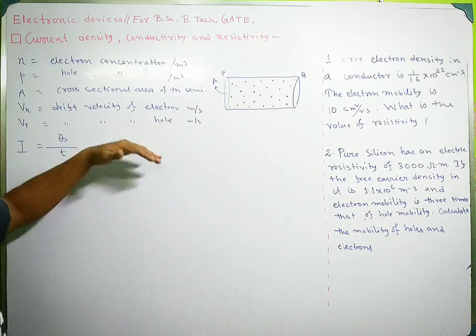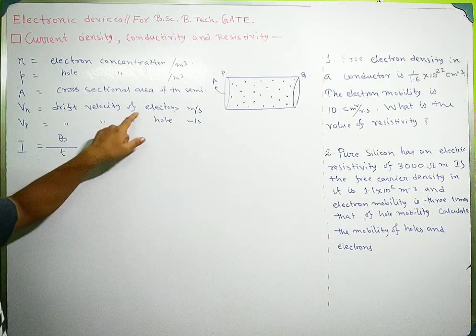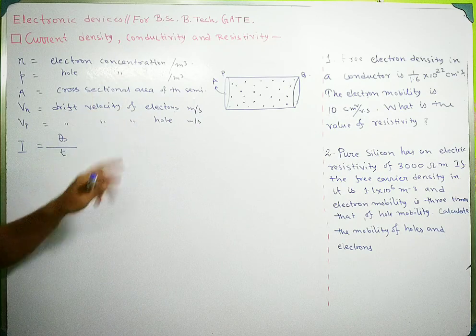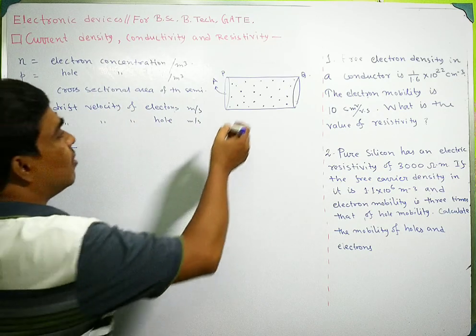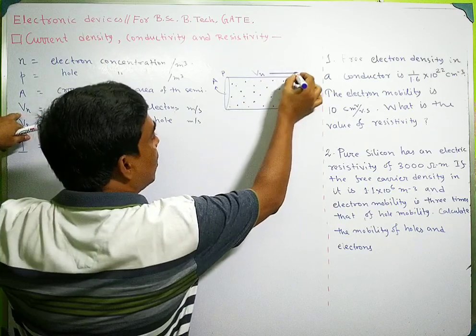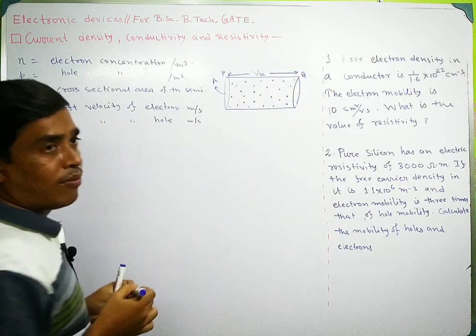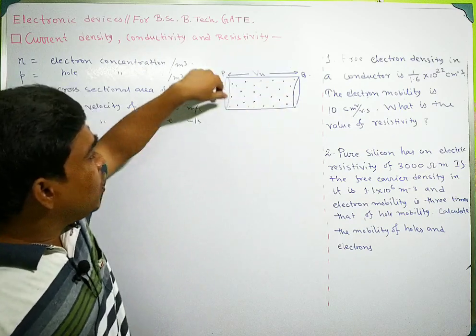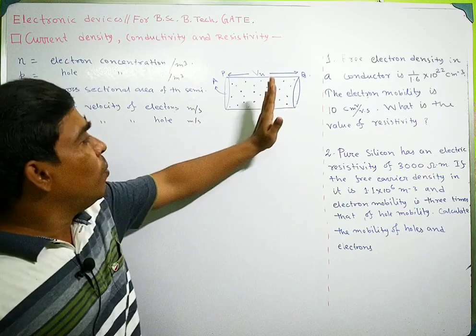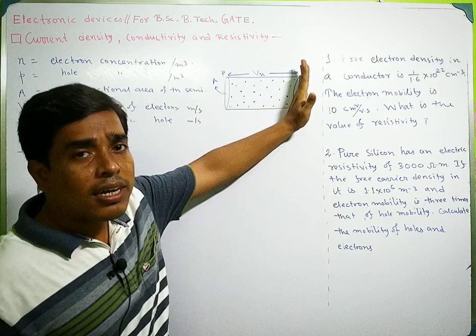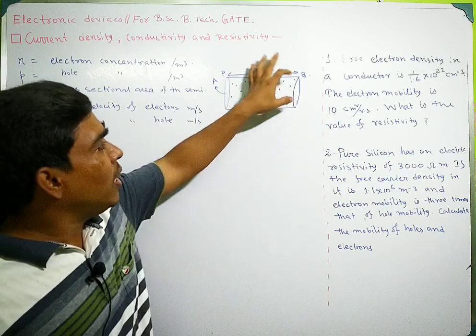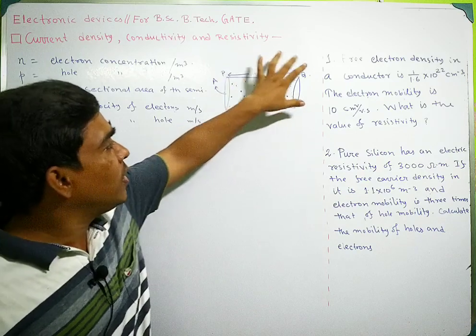So we have taken that Vn is the drift velocity of electron in meter per second. That means the electron will move Vn distance in 1 second. That means the charge inside this PQ region will pass this cross sectional area in 1 second. So we have to calculate the total charge inside this PQ region.